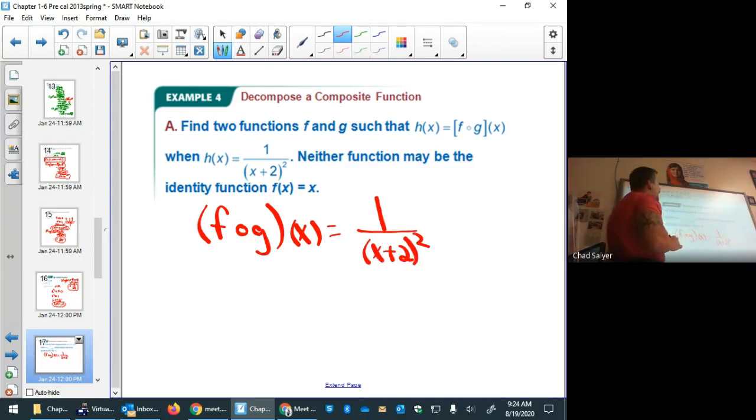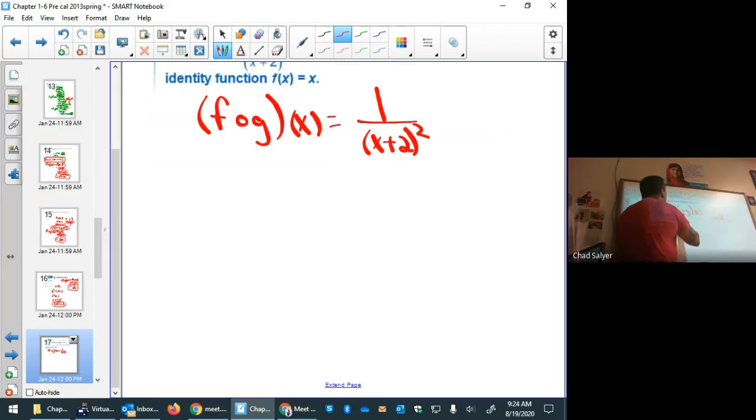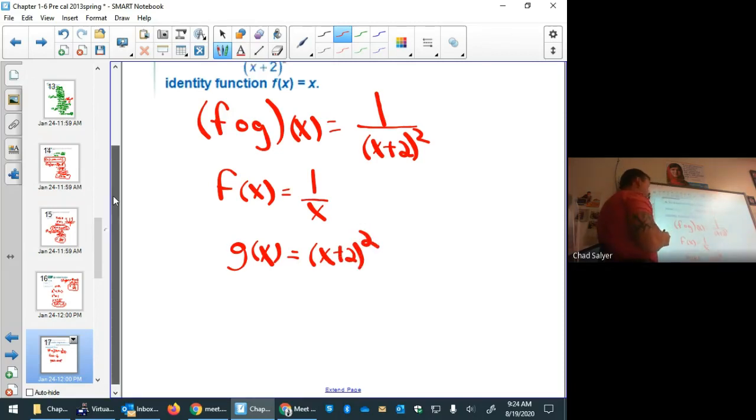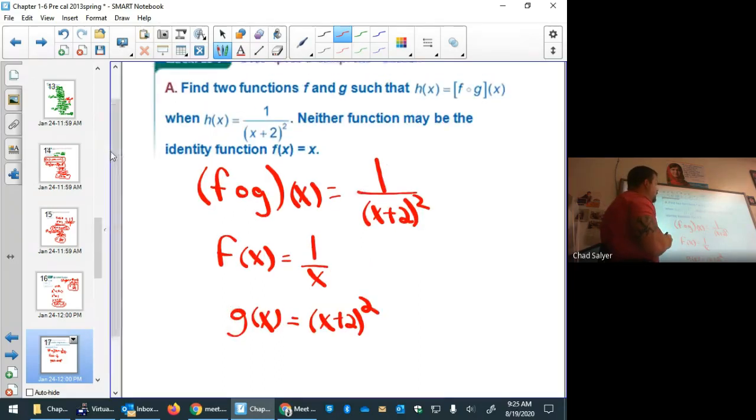And they say don't use the identity function because that would be too easy. All right, so if I let f of x equal 1 over x and g of x equal x plus 2 quantity squared, that would do it. There are many different answers you might give, but this is the obvious one.